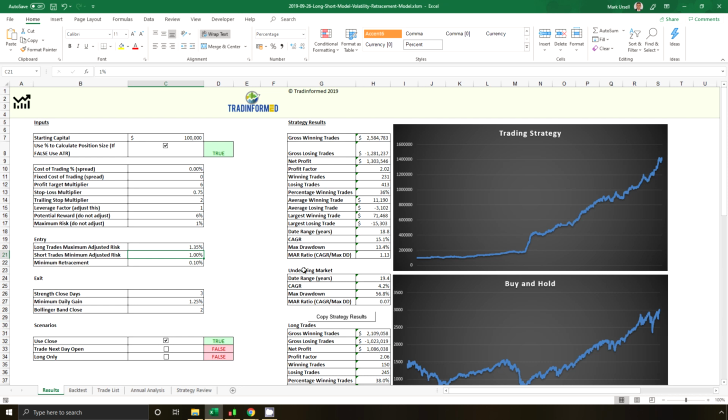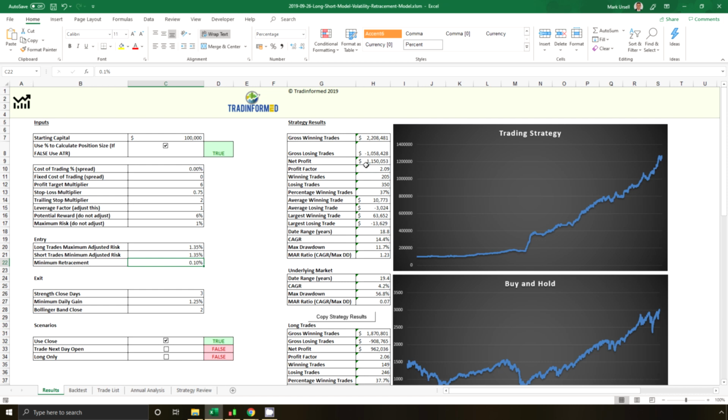Let's have a quick look here at some of the results, setting this back to the original value. You can see that we have a compounded annual growth rate of 14.4% over this time period, which is from approximately year 2000 up to 2019, current time.